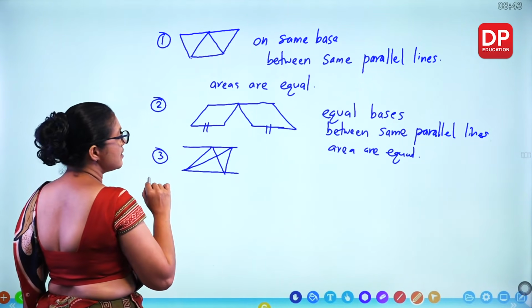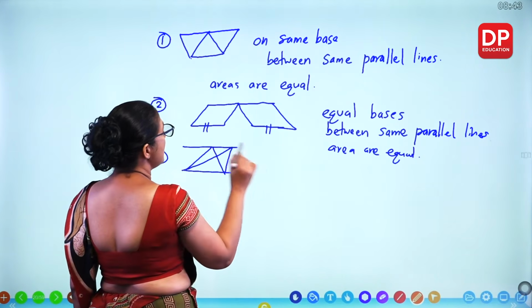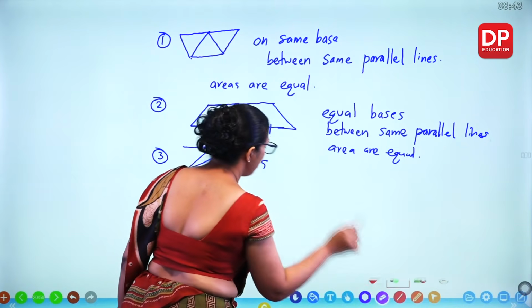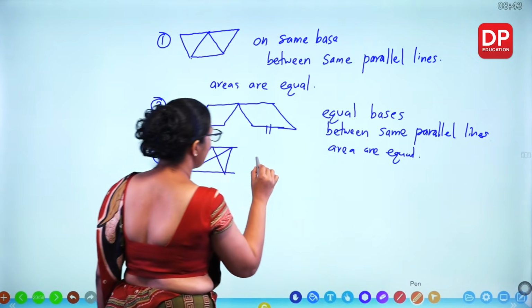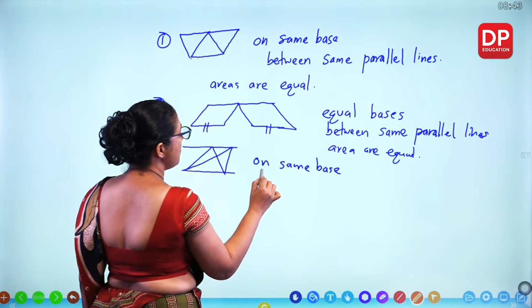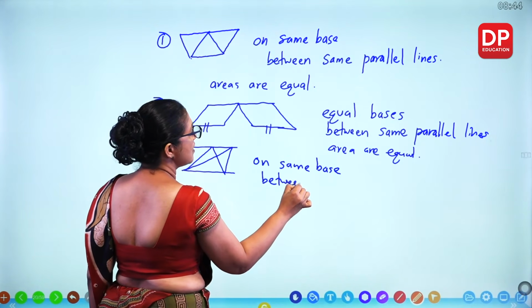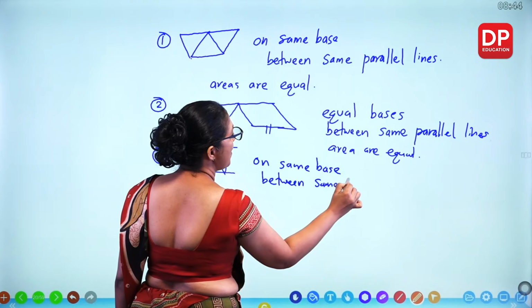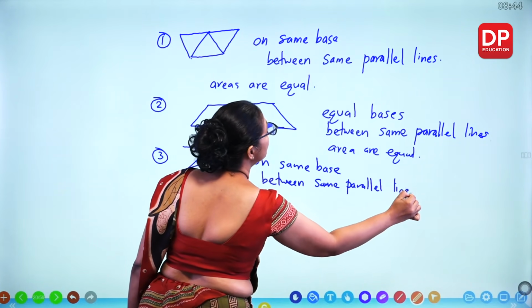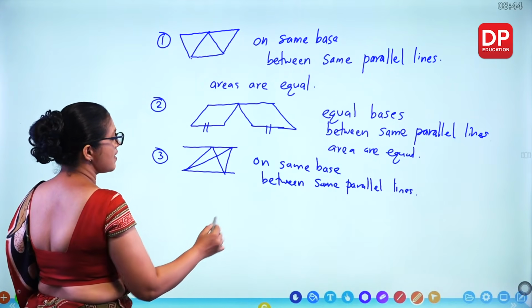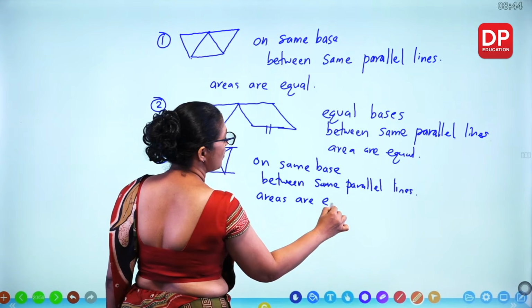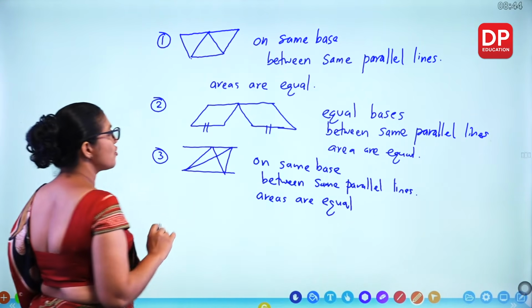Here, in the third theorem, same base and between same parallel lines, areas are equal. So that's about triangles.